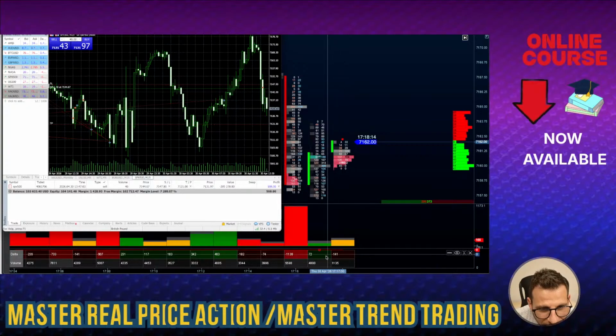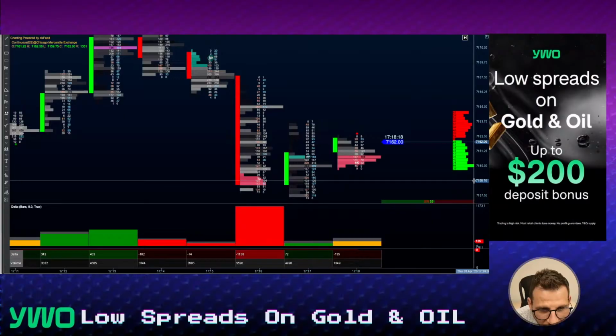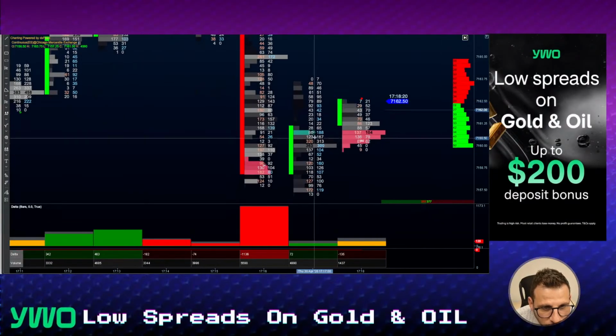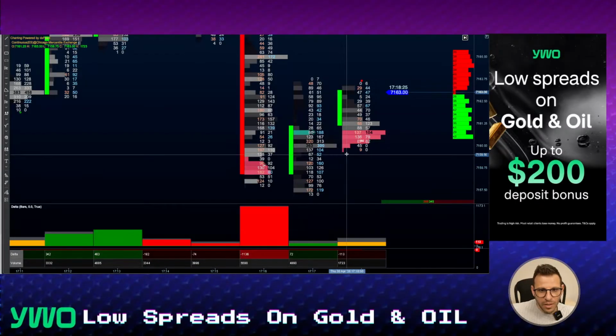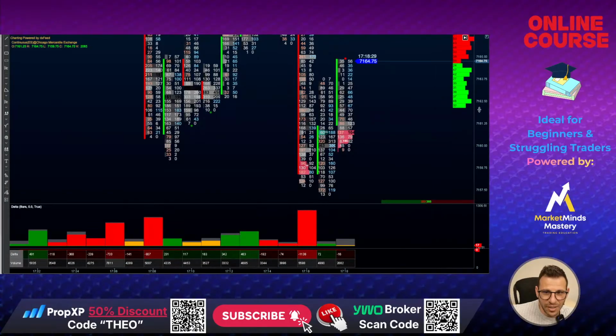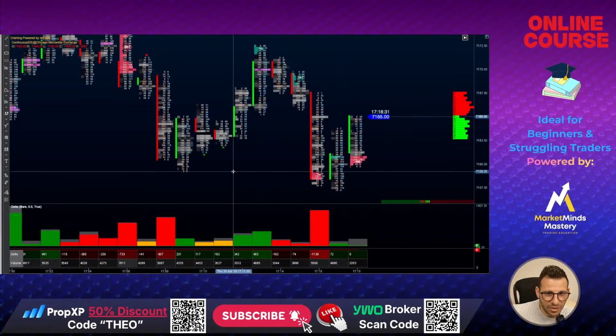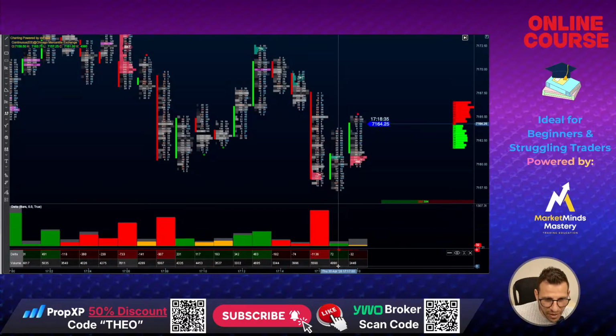If the price failed to move down, it means this. Look at all this here. They are selling like crazy and the price is not going down, and that can be the end of this move. So I'm going to be very careful here.